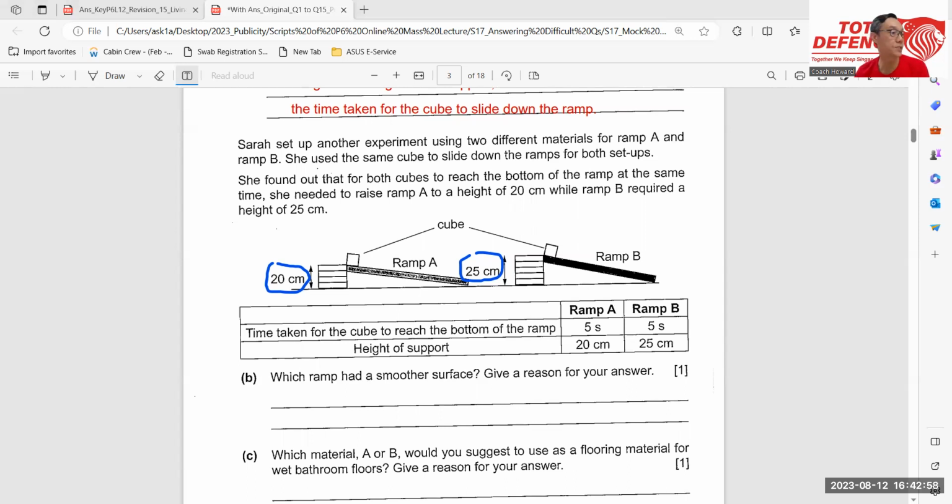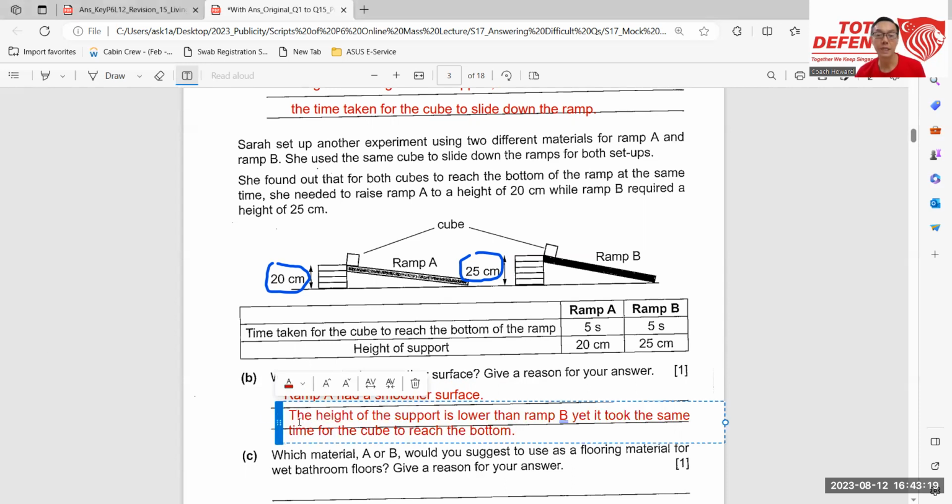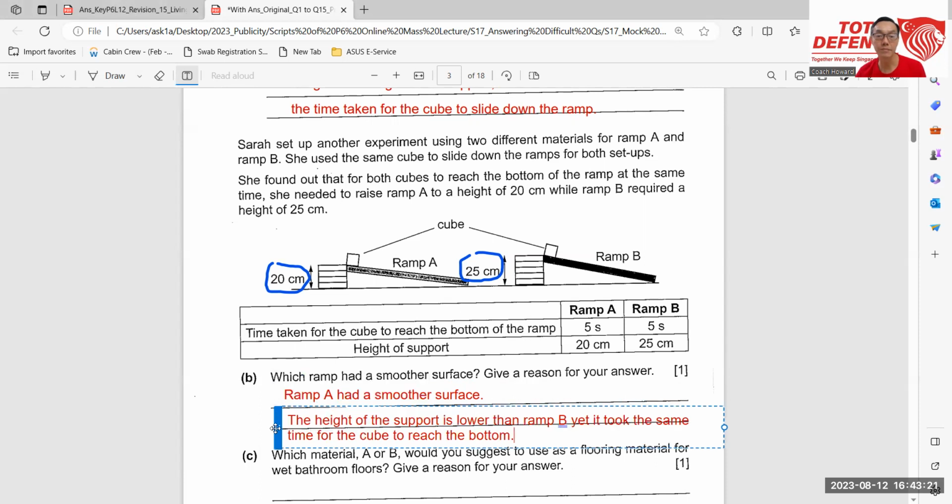And the reason is because the height of ramp A is lower than ramp B. Okay, so ramp A has a smoother surface. And the explanation is the height of the support is lower than ramp B, yet it took the same time, right, for the cube to reach the bottom. Okay, so this is the explanation.